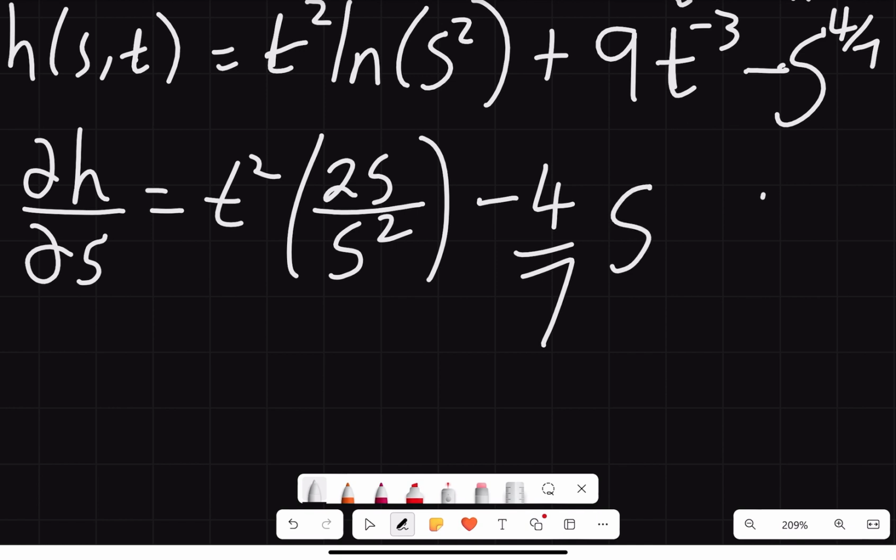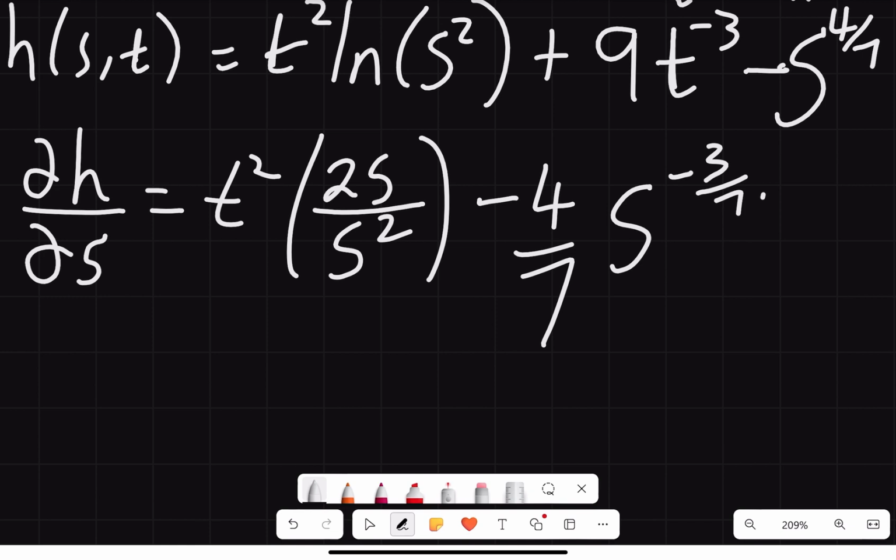And then now we're going to have this guy minus 1. So 4 over 7 minus 1 is negative 3 over 7. So that gives us negative 3 over 7. And then we have differentiated with respect to s.